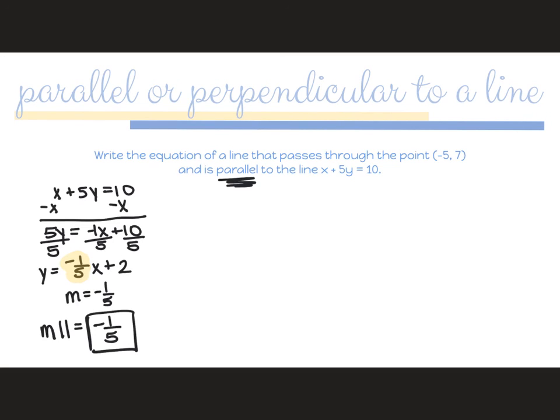Then I take my point, which gives me x and y, and my new slope, and I plug those in. So 7 equals negative 1/5 times negative 5 plus b. Remember, when you multiply fractions, it's negative 1/5 times negative 5 over 1. You multiply the numerators and the denominators.